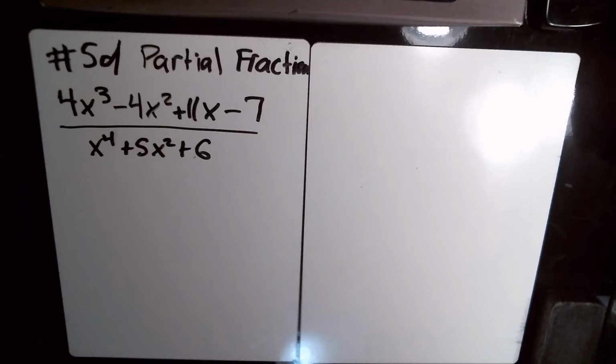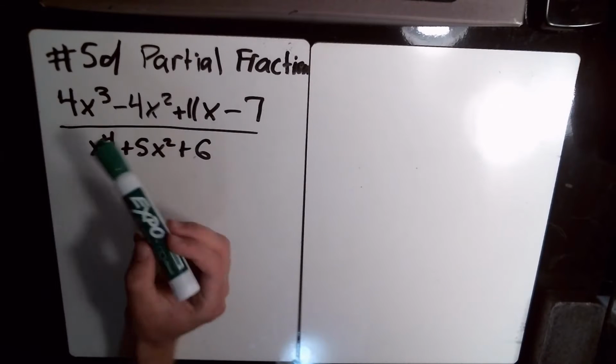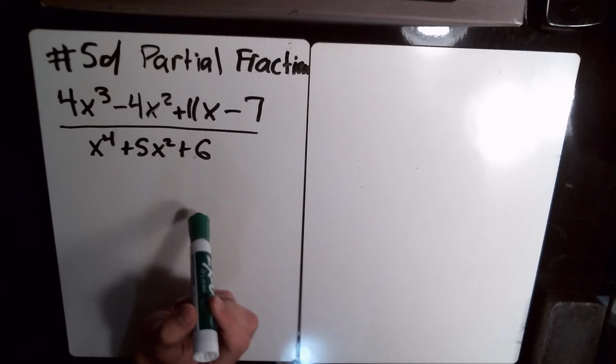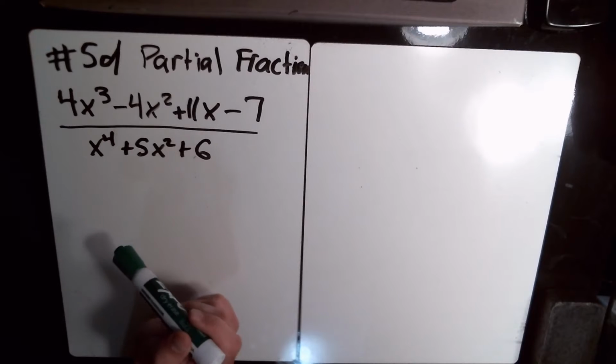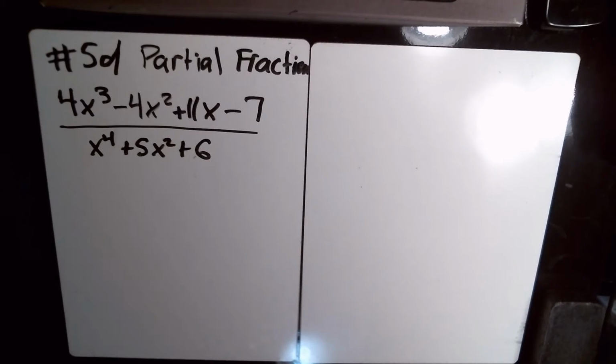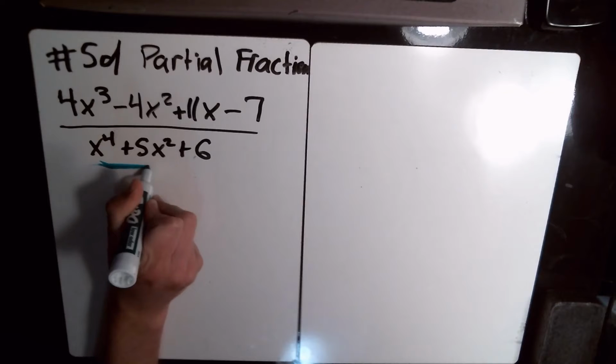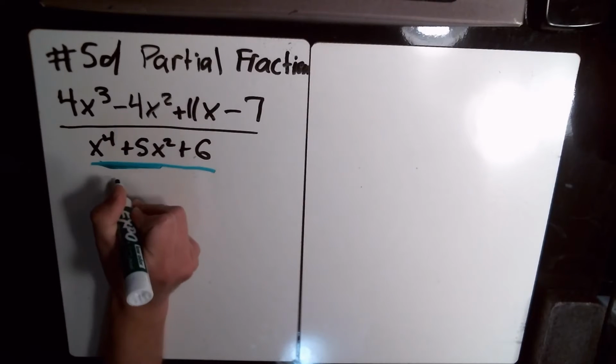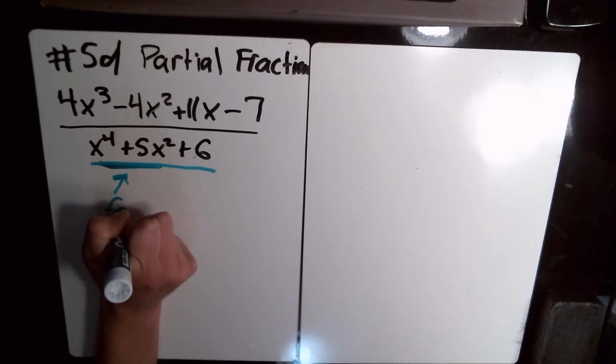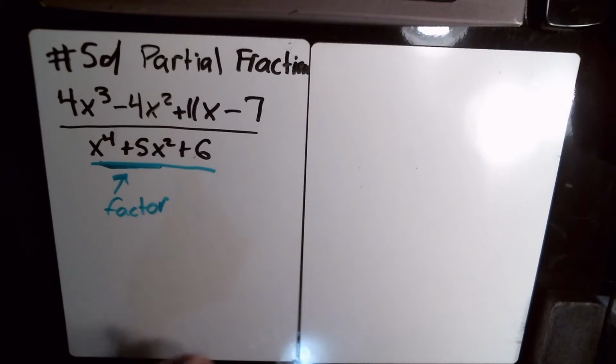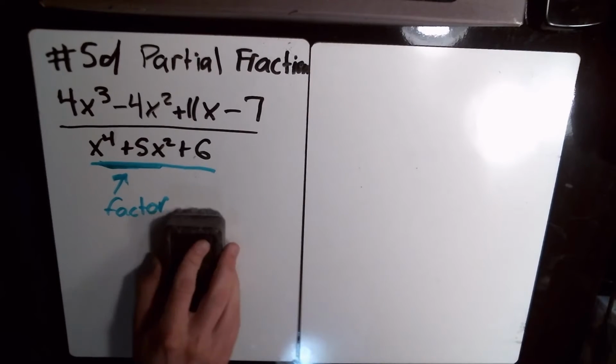Okay. So, we've got our rational function here. And the first step we need to do when we're doing a partial fraction decomposition is we need to factor this bottom part, right? We need to be able to split it up so that we can actually split the whole fraction up, right? So we're going to factor that.